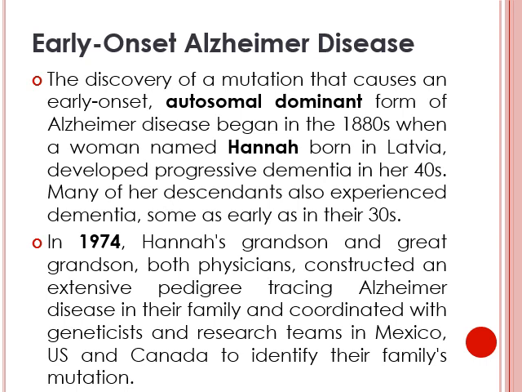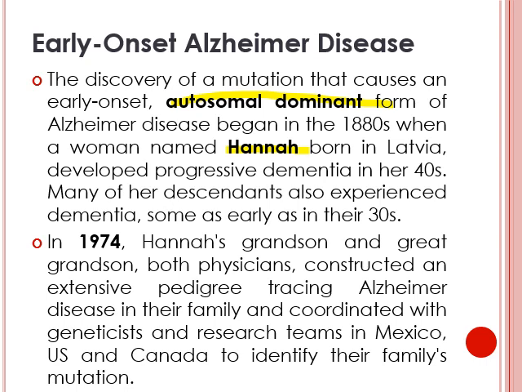Early onset of Alzheimer's disease. The discovery of a mutation that causes an early onset autosomal dominant form of Alzheimer's disease began when a woman named Hannah developed progressive dementia in her 40s. Then many of her descendants also experienced dementias, some as early as their 30s.